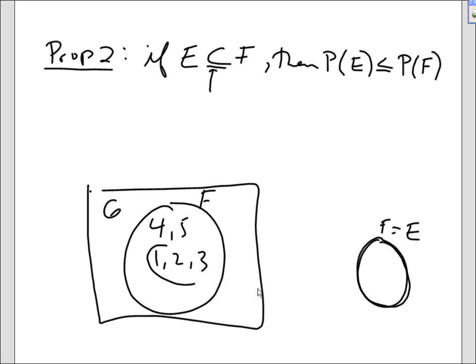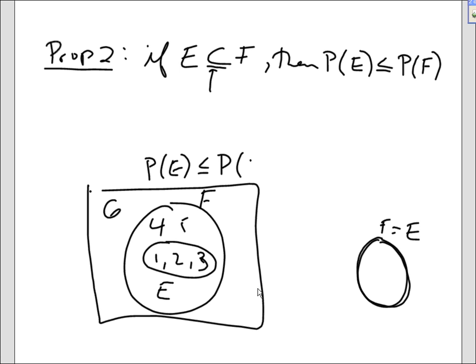Within F is 1, 2, 3, 4, 5. There's no reason when you're looking inside F to see a circle around the 1, 2, and 3. The probability of rolling a 1, 2, or 3 is going to be less than the probability of rolling a 1, 2, 3, 4, or 5. I can stick in the equal sign right here if I like. This makes a lot of sense.